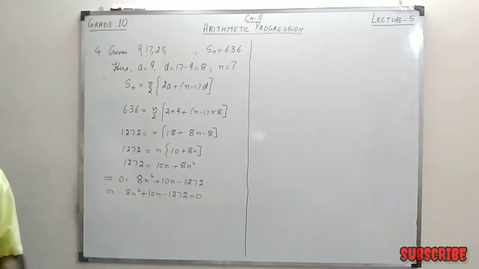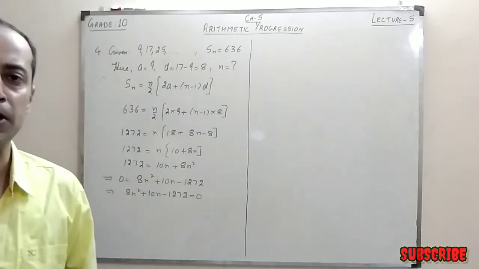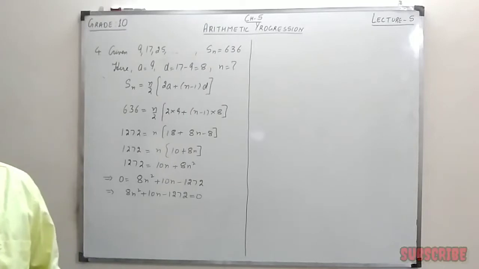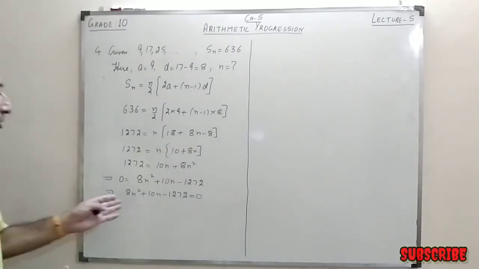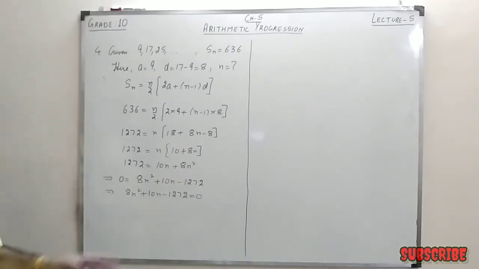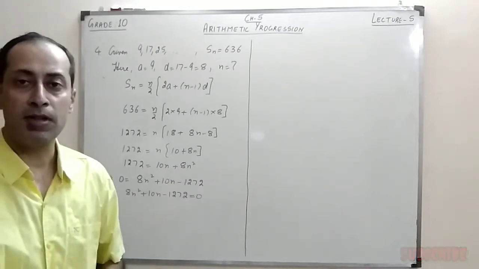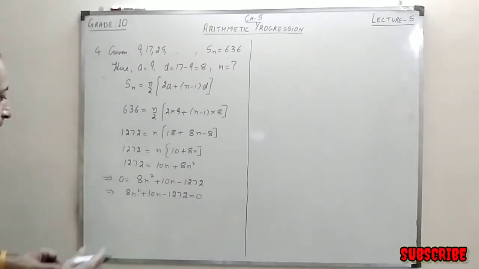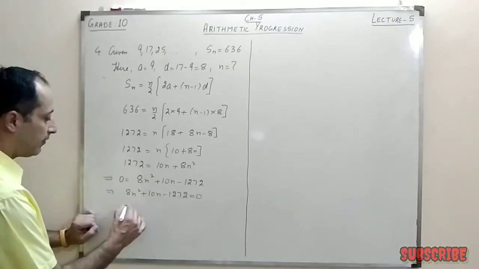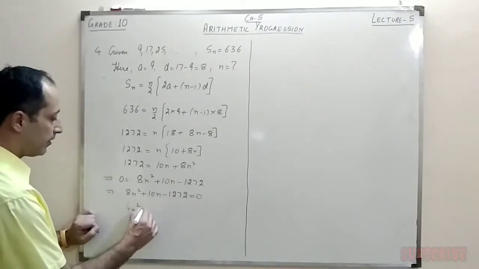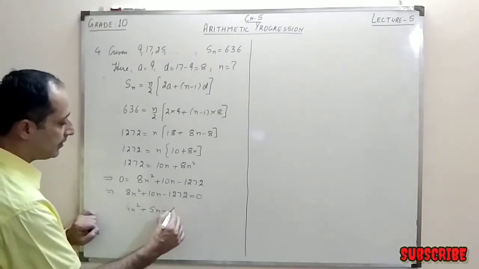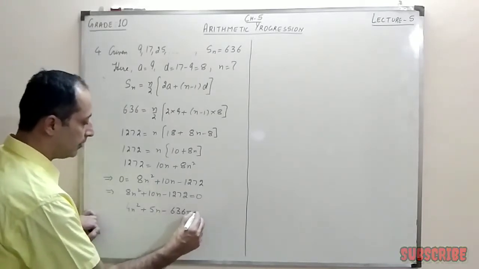Now, whenever we are simplifying a quadratic equation, our first step is to check if anything is common in all the terms. If anything is common, we take out the common. So here, if you see clearly, in the coefficients of all the terms, 2 is common. We take 2 common from here, and I am left with 4n squared plus 5n minus 636 equals 0.